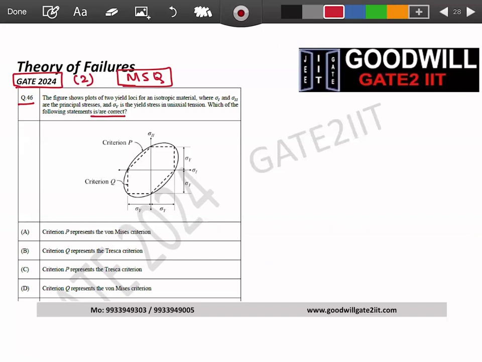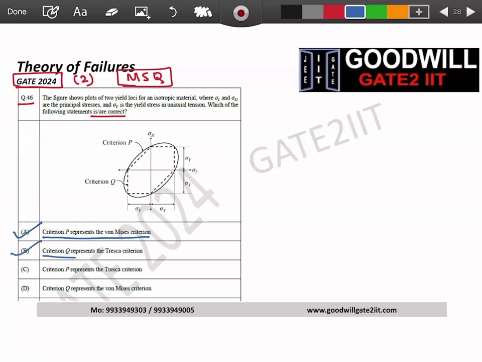Already many people have given me the answers. So criteria P, you see, is a circular shape, right? Circular means von Mises. Criteria P represents von Mises. Absolutely true. Priyanka, there is not only one answer, it's multiple select, right? Criteria Q is for Tresca. Perfectly correct.